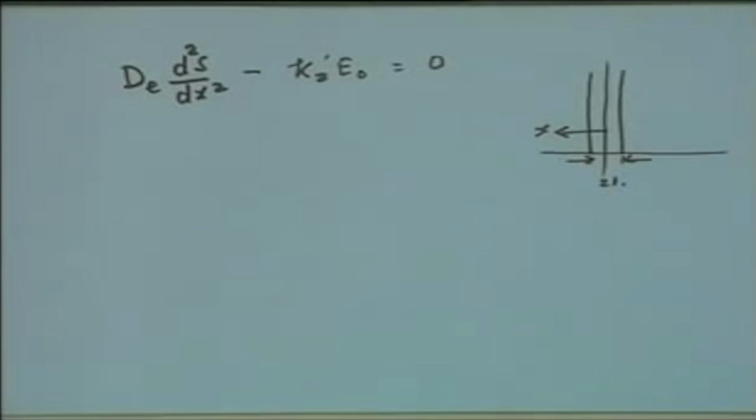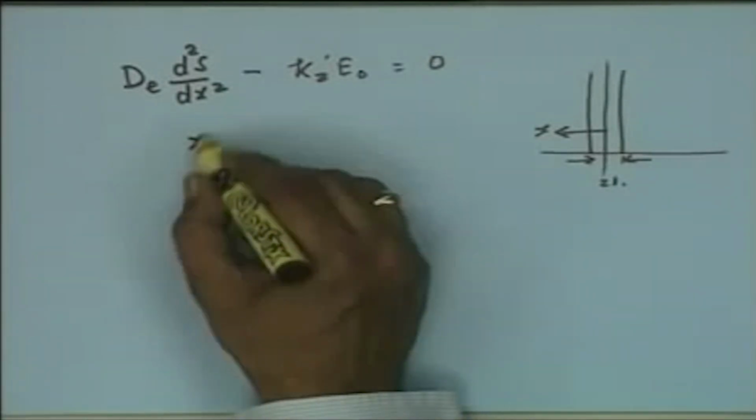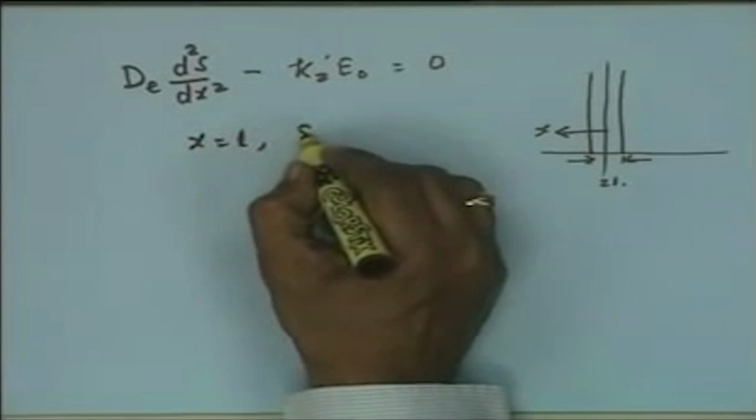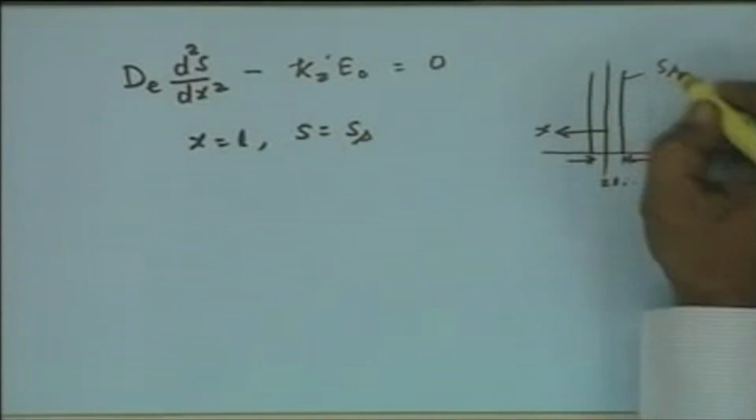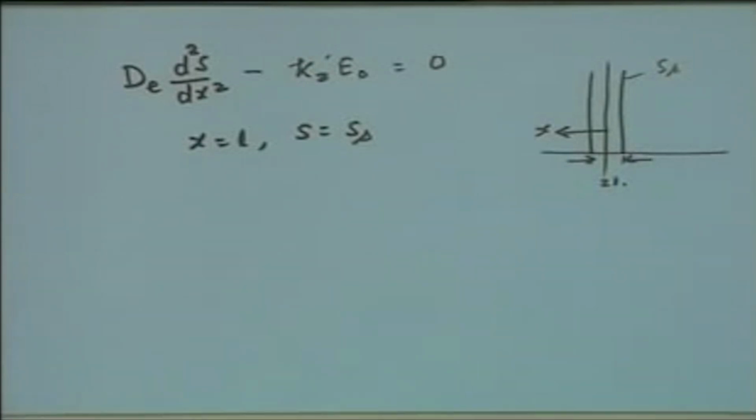The substrate concentration profile in such a thick membrane needs to be evaluated based on the second order differential equation. Obviously, the boundary conditions in such a case will be x is equal to L, S is equal to SS. You can consider the substrate concentration as SS if you leave out the external film diffusion.